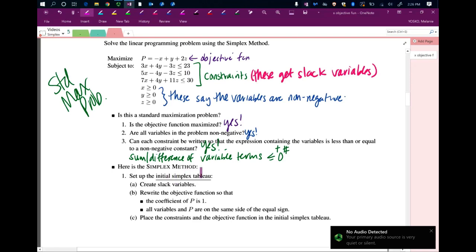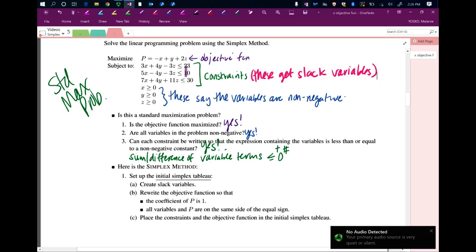It's called an initial simplex tableau, but it's really a matrix. Think about when you did matrix operations in the previous sections. You had equations, right? Didn't you take an equation and put that into a matrix as a row? So we had to have equal signs. So if you look at these constraints, they don't have equal signs. So we're going to have to adjust them somehow to make them have equal signs. So we're going to introduce a new variable to take up the slack.